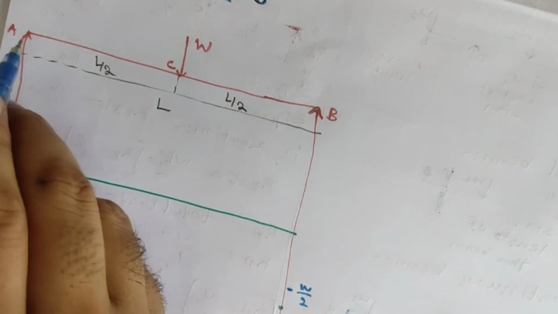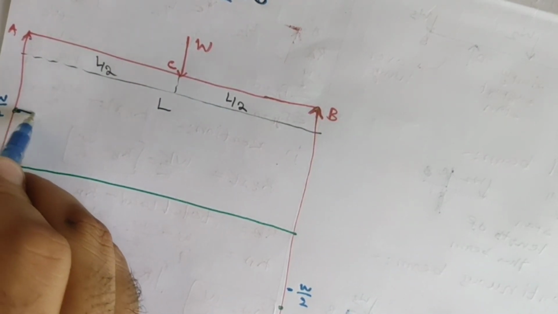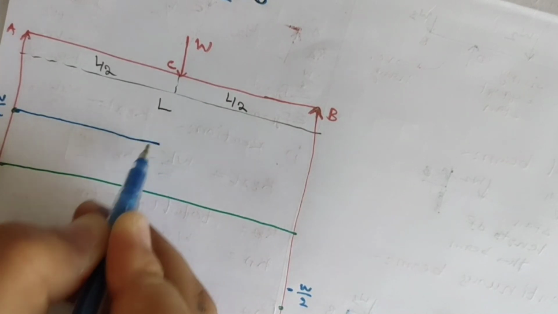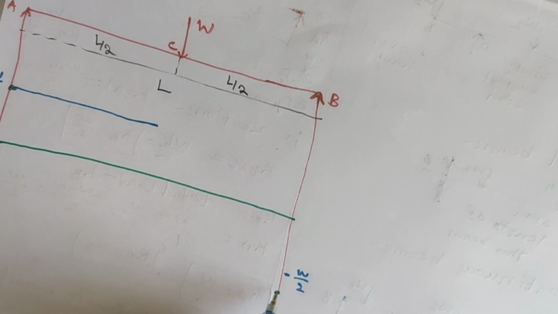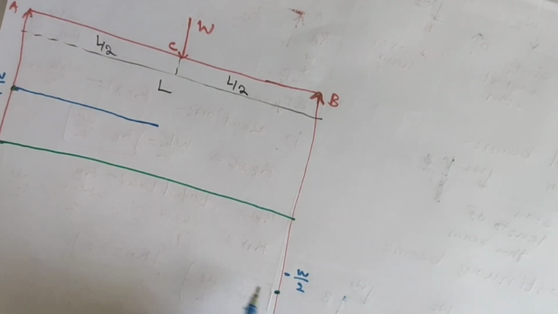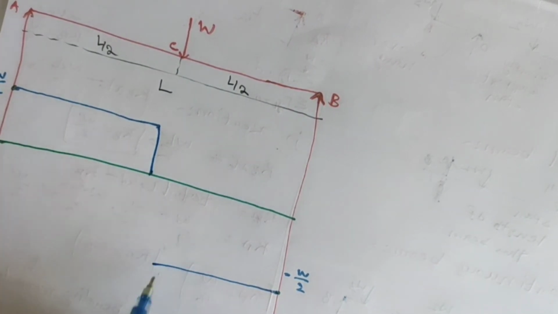Between A and C there is no load, so we keep a straight line. Between B and C there is also no load, so a straight line, and it will go down through 0.